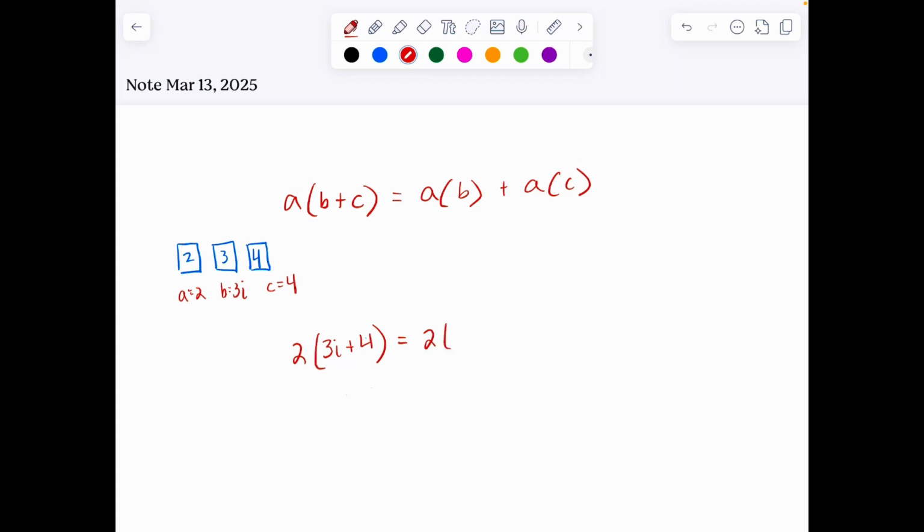So that's the same as 2 times 3i plus 2 times 4. And so 2 times 3i will be 6i, and then 2 times 4 will be 8. So 6i plus 8, and that's as far as we can go. We cannot simplify any additional on that.